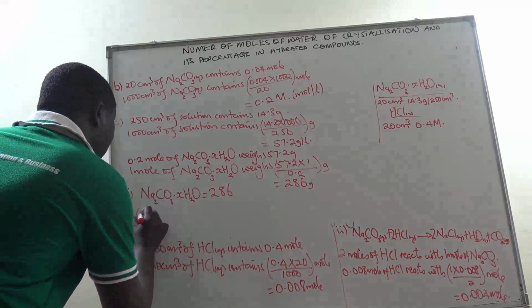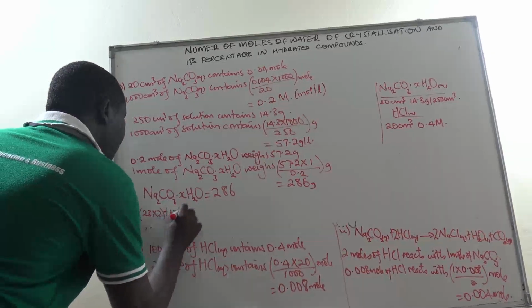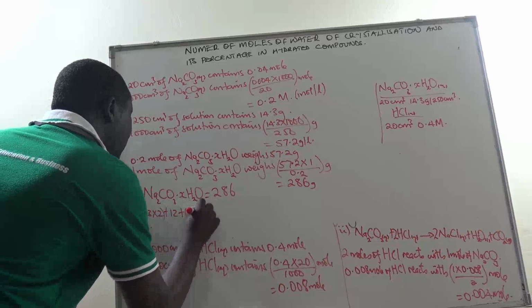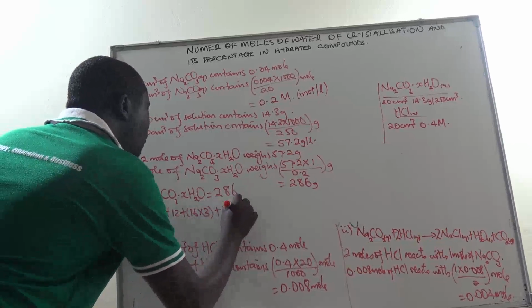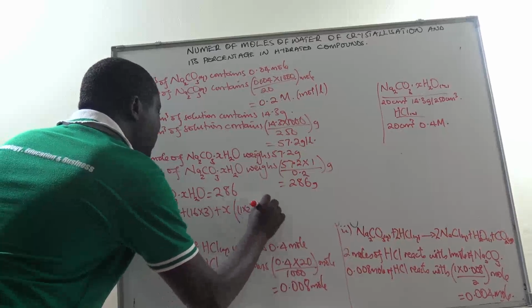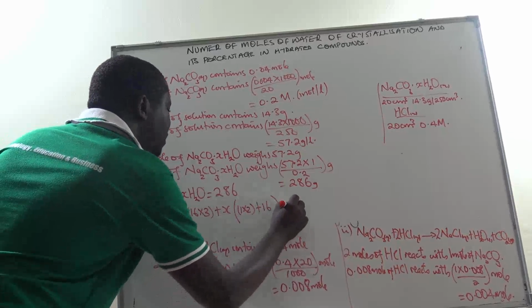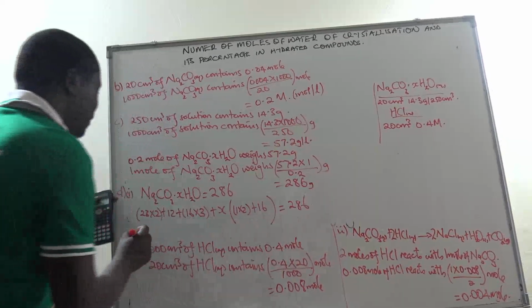Sodium, we have 2 atoms, that is 23 times 2 plus 12 plus 16 times 3 plus x times the whole of water, 1 times 2 plus 16, and we close the bracket and we equate this one to 286.